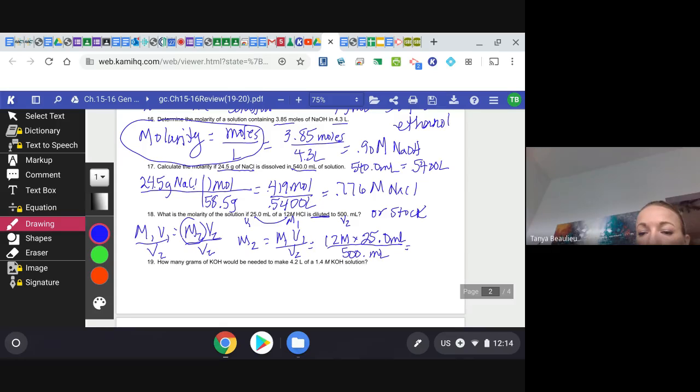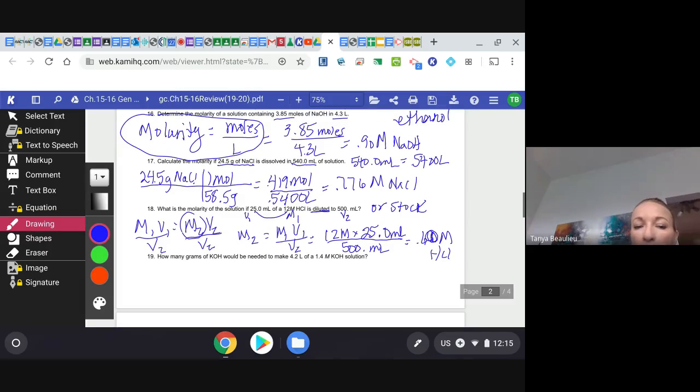You have 2 sig figs, 2 sig figs, 3 sig figs, 3 sig figs. So my answer is going to end up with 2 sig figs, which is 0.60 molar hydrochloric acid. That's a really bad looking zero. Well, I don't know if I made that better, but that's what that's supposed to be there.